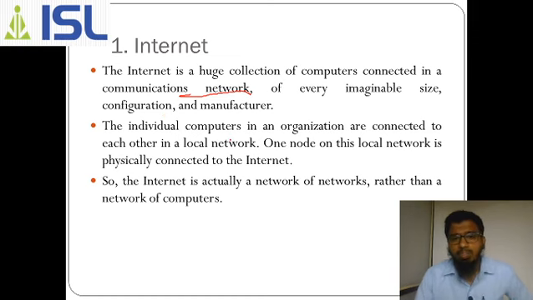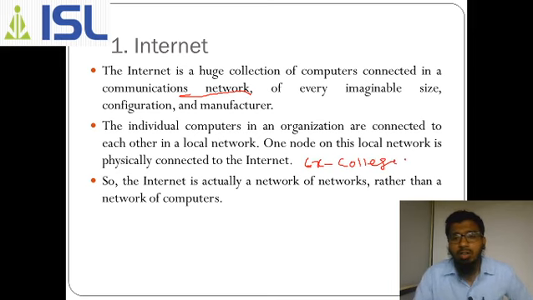Next point, the individual computers in an organization are connected to each other in a local network. One node on this local network is physically connected to the network. For this we can take the example of any college, say the Islamia College.